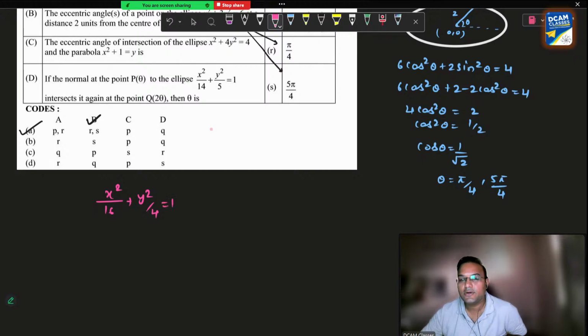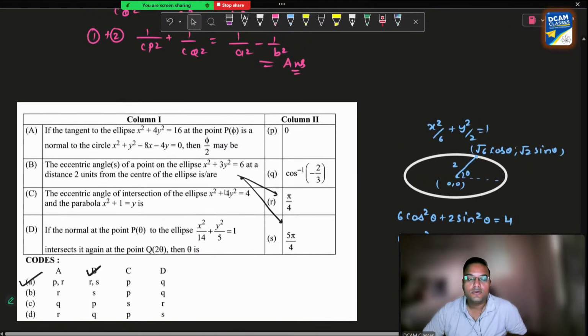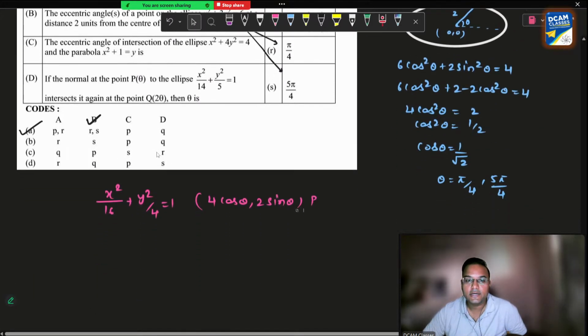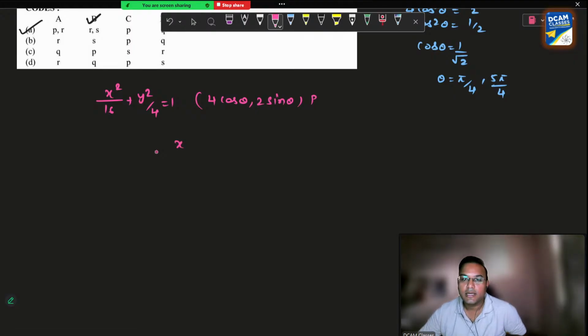So any point on it can be 4 cos theta, 2 sin theta. Now you can find the tangent at this point. It will be x by 4 cos theta plus y by 2 sin theta is equal to 1.